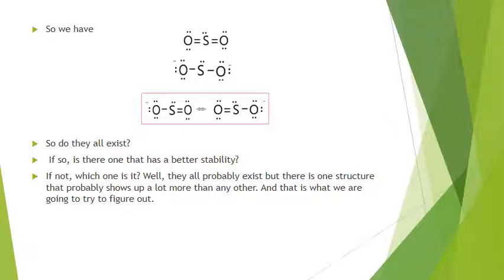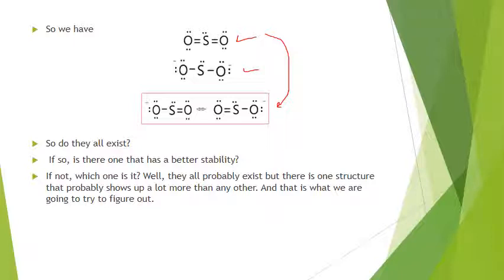So we have four possible structures. I mean, three possible structures, really. Four structures, but really only three. You can have the one we started out with, one where you have no double bonds, and one with one double bond positioned in two different places. So it has three structures, where one of them is a resonance structure.